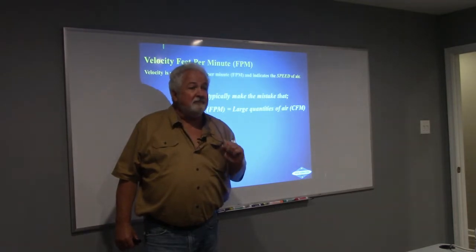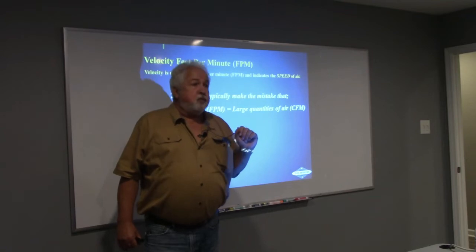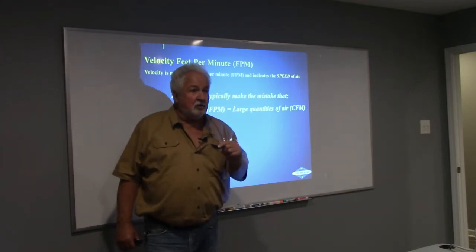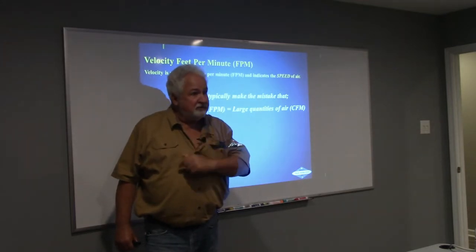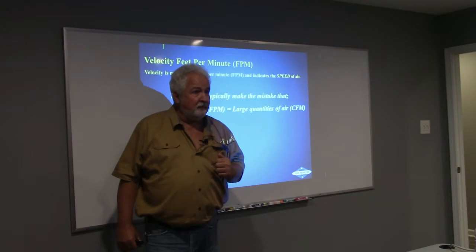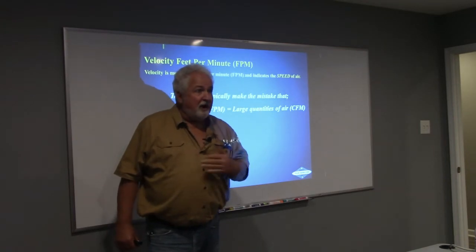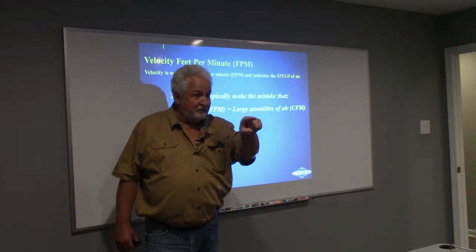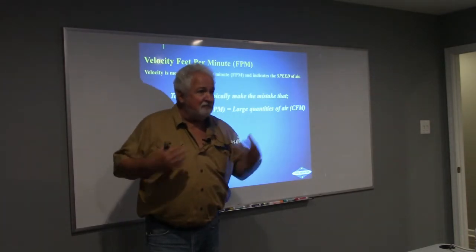Let's take that same 2 CFM and move it through a small duct. Did it take longer to move the same 2 CFM? So my velocity increased, the speed of my air increased, but the quantity didn't move out nearly as fast.